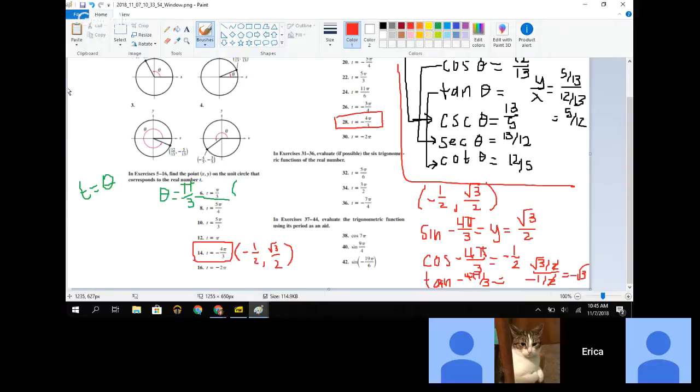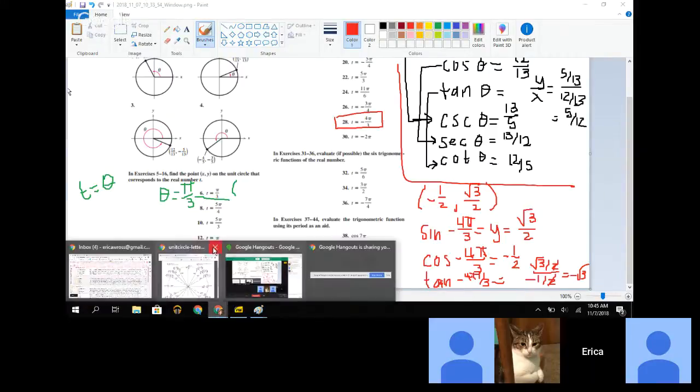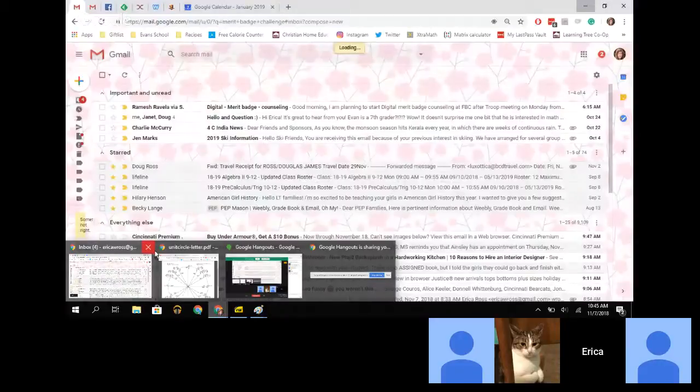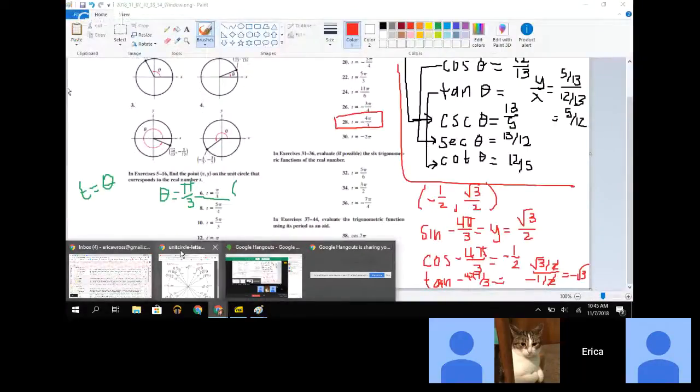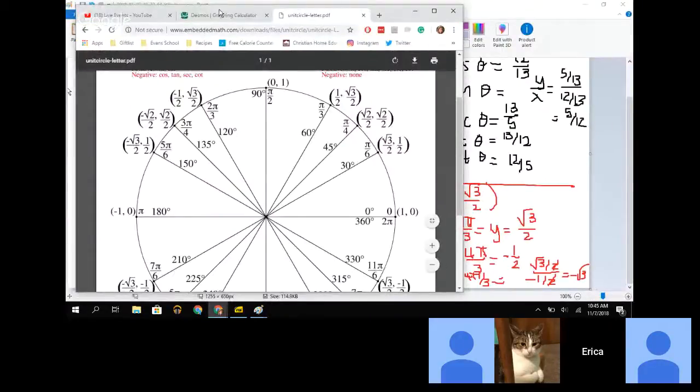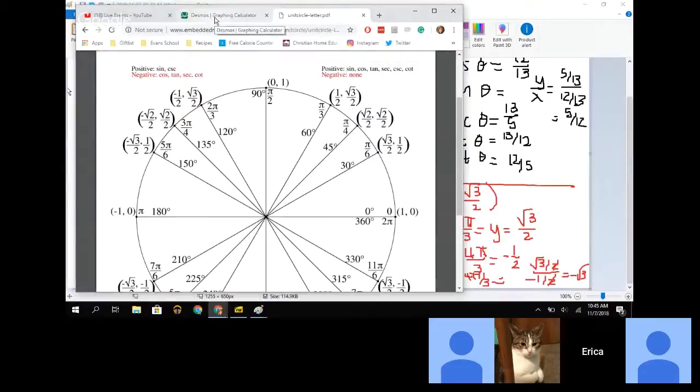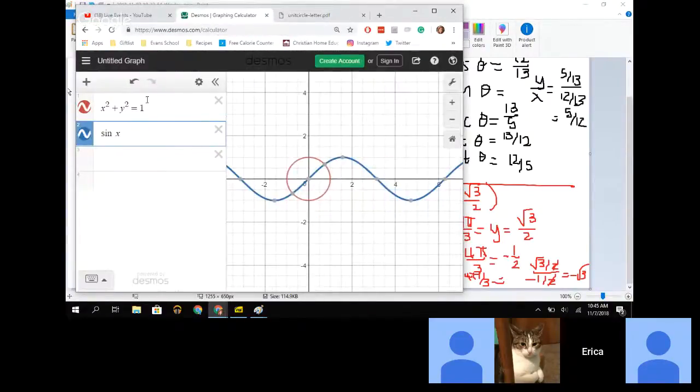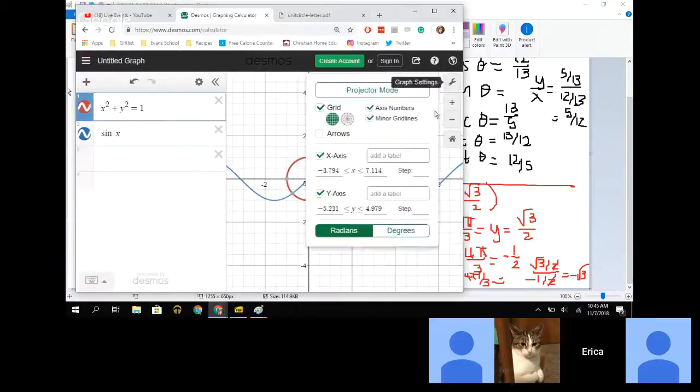Okay. Now, if you're like me, I always like to double check it. I like to see that the math works in Desmos. This might not be you. You might be happy just looking at the unit circle and seeing that. But I like to see it. So I need to make sure I'm in radians, which I am, right?